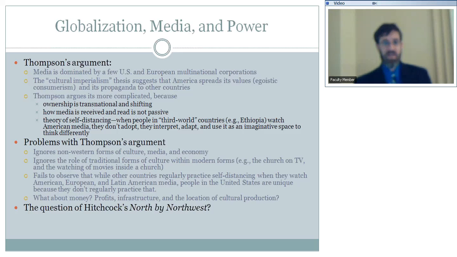Thompson actually does not agree with that a little bit. You can't deny that the United States and Europe own a lot of these companies. You can't deny that Fox Television or CNN promote America's political agenda. That's all really obvious. But Thompson argues that this is more complicated for a lot of reasons. One, ownership is transnational and shifting, so Japanese companies now own a lot of this stuff. Chinese companies now own a lot of stuff. And then you have the case of Al Jazeera, which is very successful.